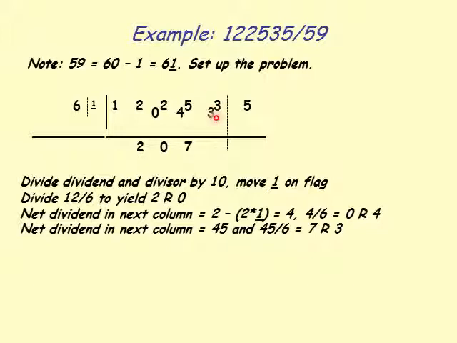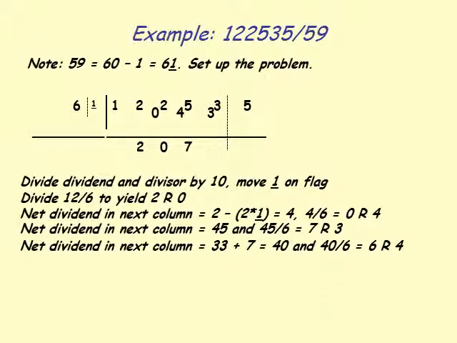Now let's work on this column here. The net dividend in the next column is 33 here, minus 7 times negative 1, which is 33 plus 7, is 40. I have a net dividend of 40. I would divide that by 6. 40 divided by 6 is 6, remainder 4.